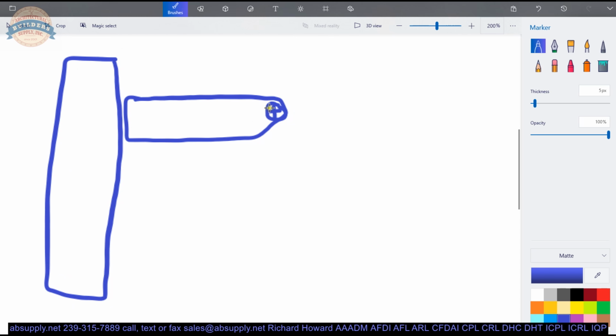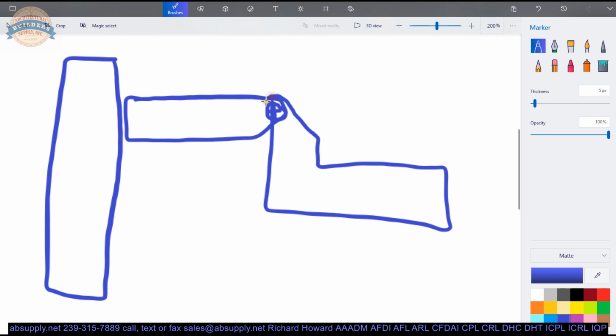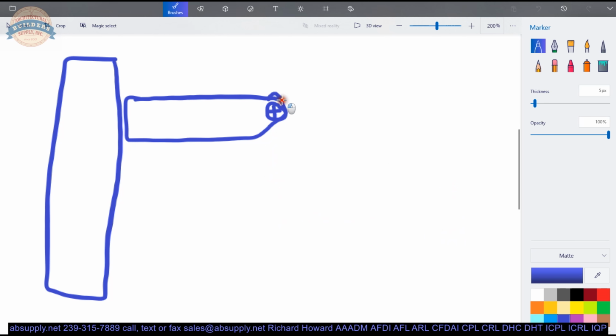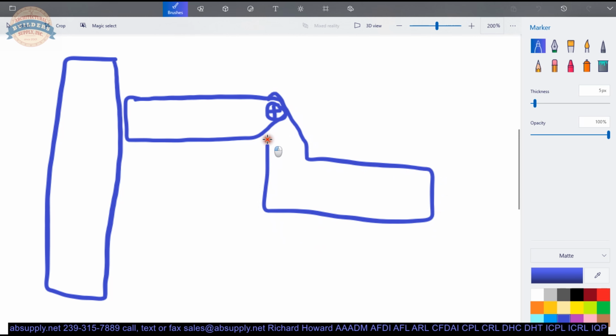The rest of the pivot looks like this. Okay. So what the client wants to do is install this to the jamb.